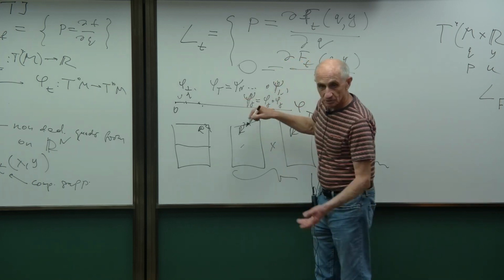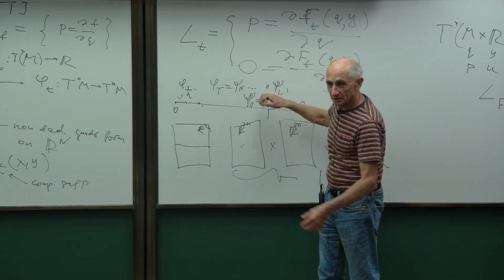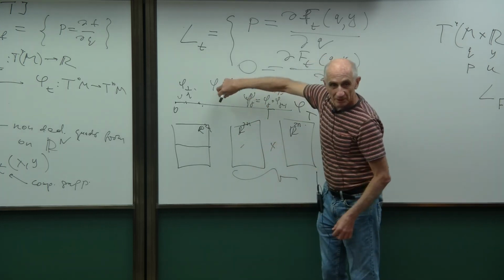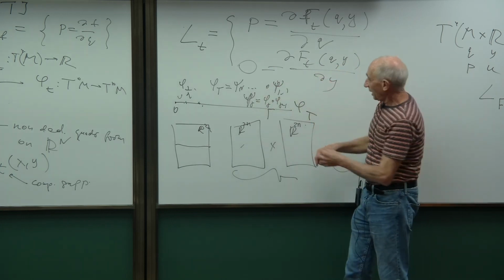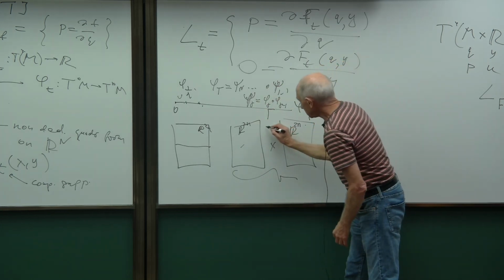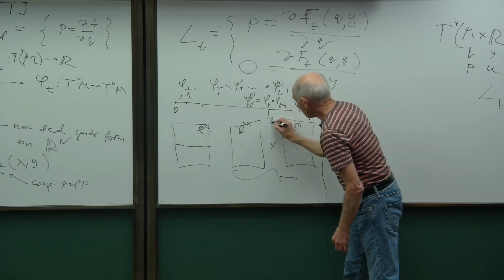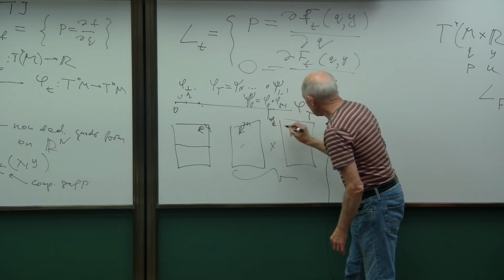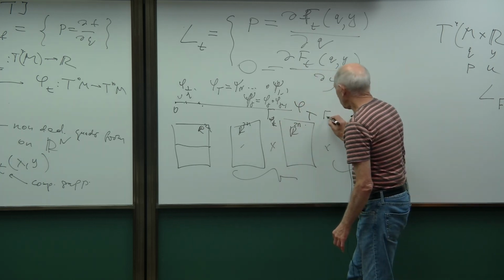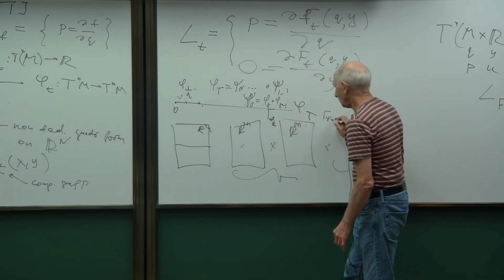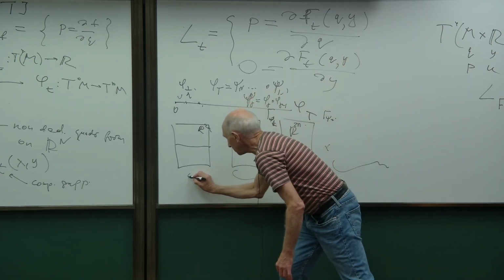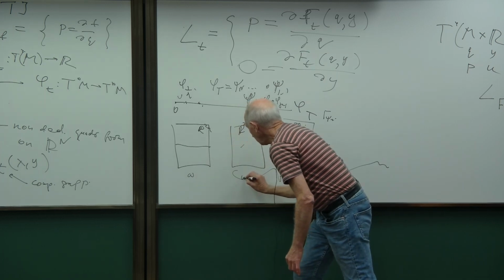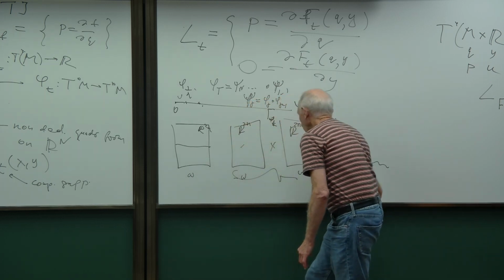So you just present it as a product of small diffeomorphisms, and then here it's a graph of the diffeomorphism psi 1. This is a graph of psi 2, etc. And important here, we take a symplectic form omega, minus omega, omega, and minus omega.